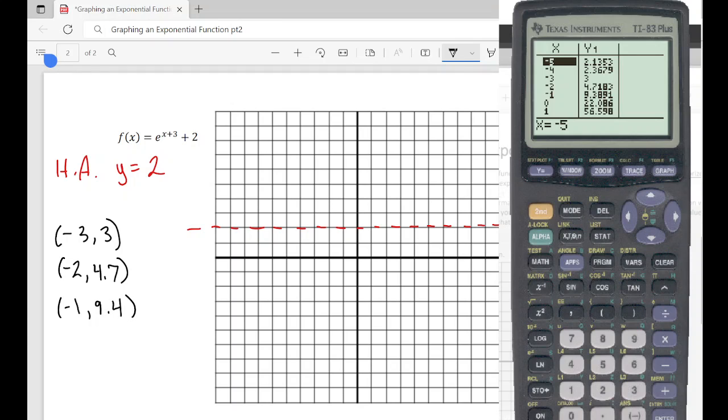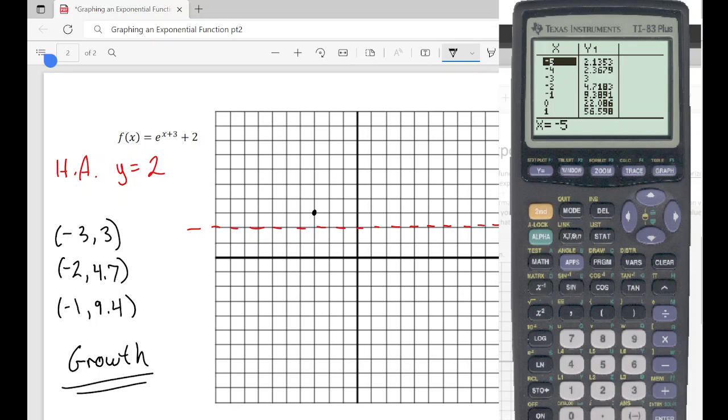Again, hit or miss. And oh, I did forget to do that, but it's okay because we haven't graphed it. Looking at this, this is e. There's no negatives here, so it's not going to be flipped around. So I know this is a growth equation. So I know its basic shape should look like this. So let's see if our points match that. So negative 3, 3, so here.